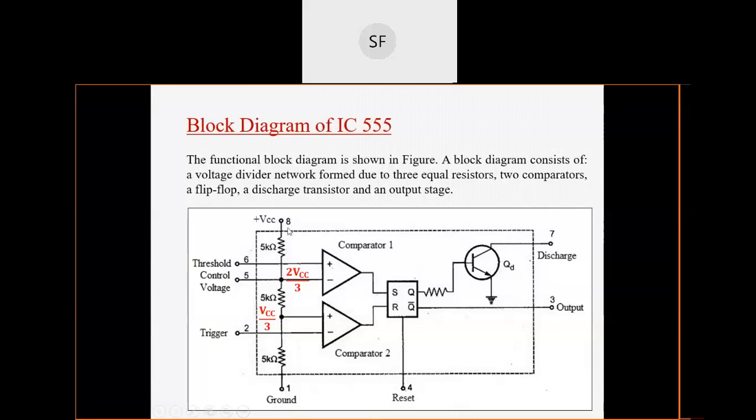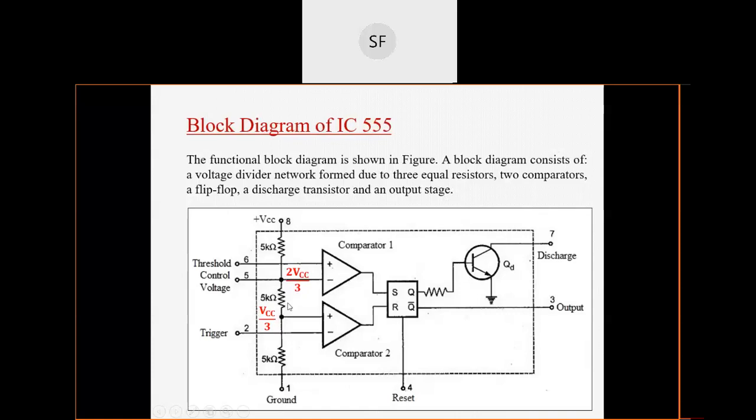Now you can observe that there are three 5 kilo ohm resistors connected between pin number 8 and pin number 1, right? Three 5K resistors. Due to this arrangement, the total voltage VCC will get divided into three, and three different voltage drops will appear across these 5K resistors.